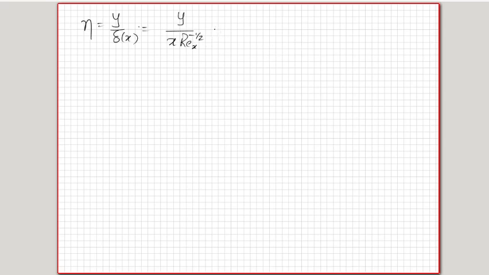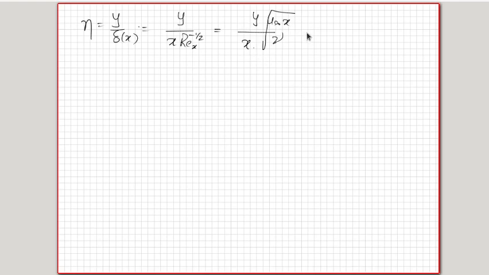Re_x will come on the top, so it will be u infinity into x by nu under root.